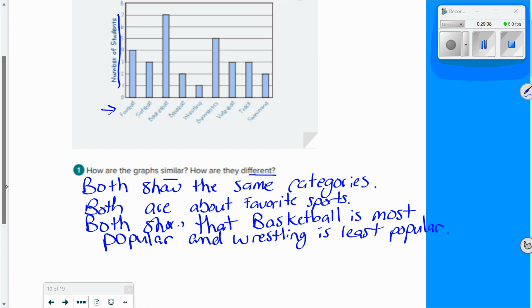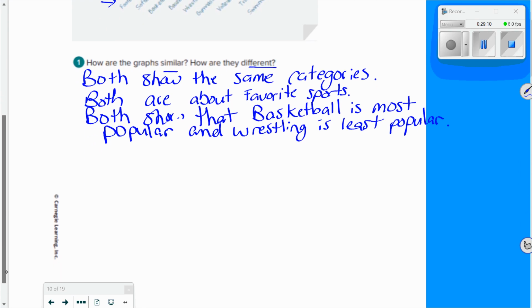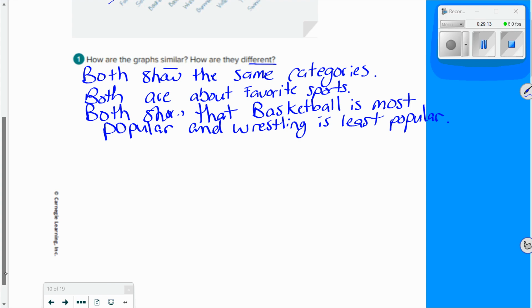All right, now, how are they different? London? Okay, one's a circle graph or a pie chart, and one is a bar graph.